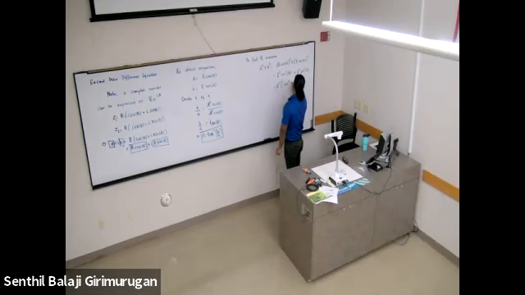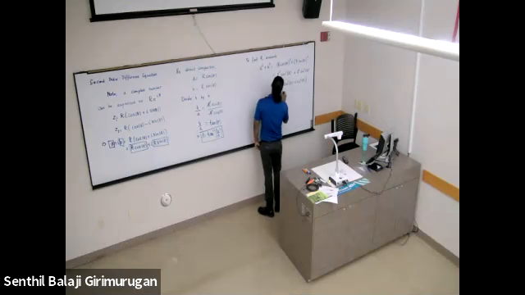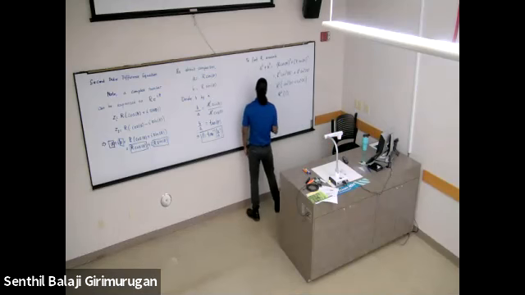If I pull the r squared out, I would have cosine squared theta plus sine squared theta. What would that equal to? It is one, a trigonometric identity.